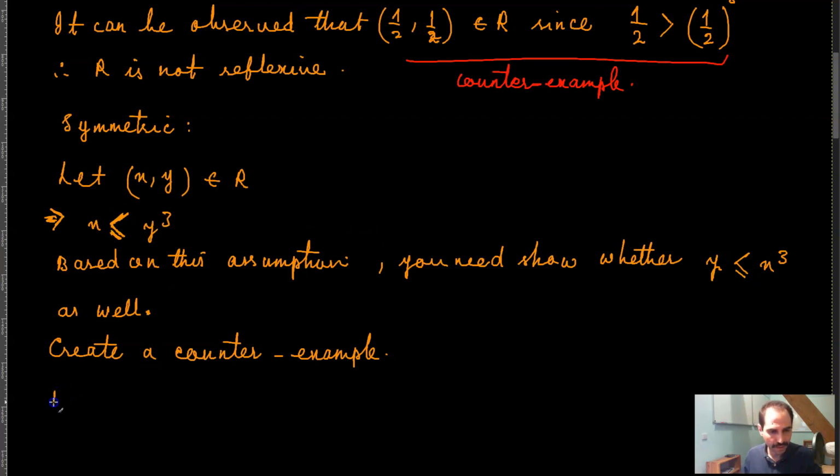That means that (1, 2) belongs to R. That is actually a valid statement. (1, 2) does belong to R because 1 is less than 2 cubed, which is equal to 8.